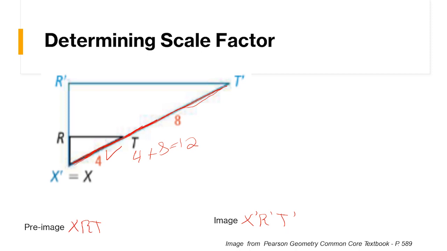So in my numerator I will have 12. Then this smaller side here is the length of my pre-image. That is 4. 12 divided by 4 is 3. So again, my scale factor is 3, and of course that would be an enlargement.